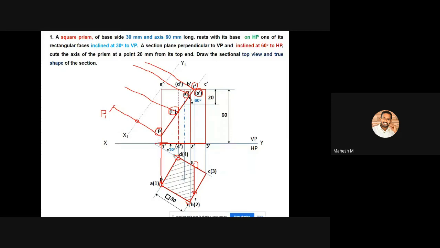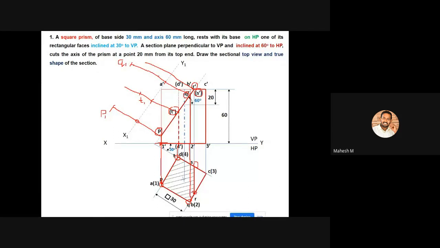Then you can measure the distance between the reference line and T, and mark T1 from the imaginary reference line towards T. Similar to that, you can measure the distance between the reference line and Q, and mark from the imaginary reference line towards this perpendicular line. This can be marked as Q1.